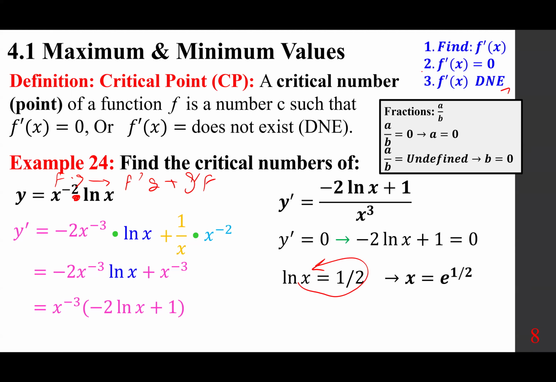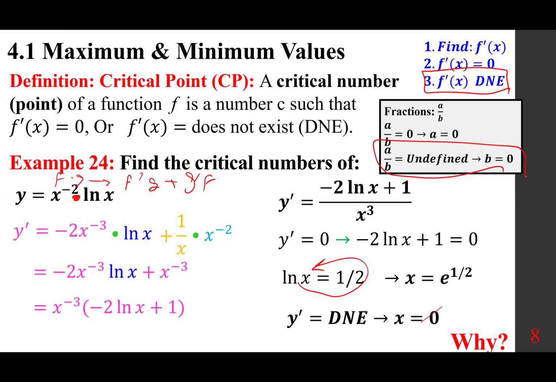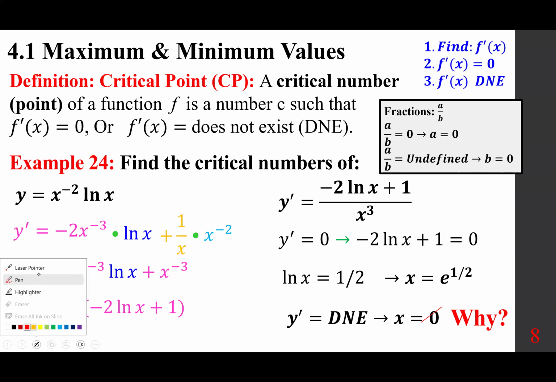Also, f prime doesn't exist when the denominator is equal to 0, x equals 0, but it can't be because it's not part of the domain. Why is it not part of the domain? Let's go to the original function.